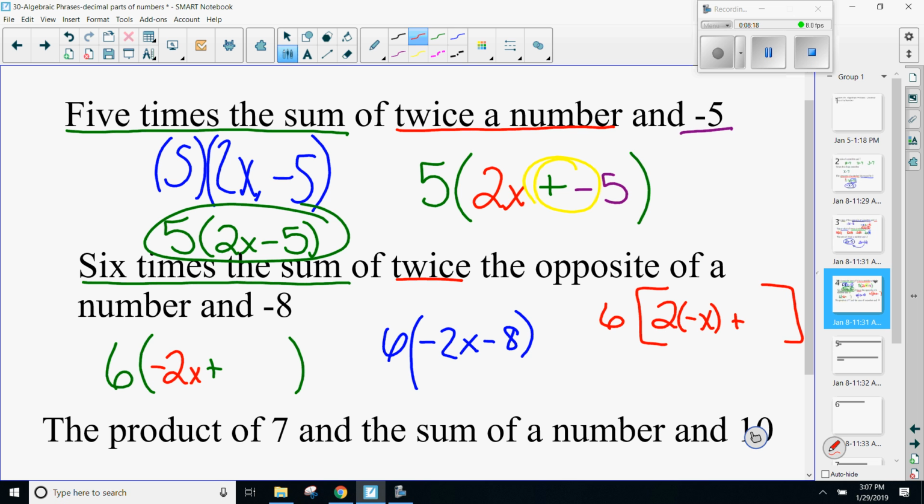I think it's just easier whenever it says opposite, put the negative right out in front. So it's the 6 times the sum of twice the opposite of a number and negative 8. So once again, we don't like this double negative or the double sign there. So you're going to show it as 6 times negative 2 minus 8. 6 times the quantity negative 2 minus 8.